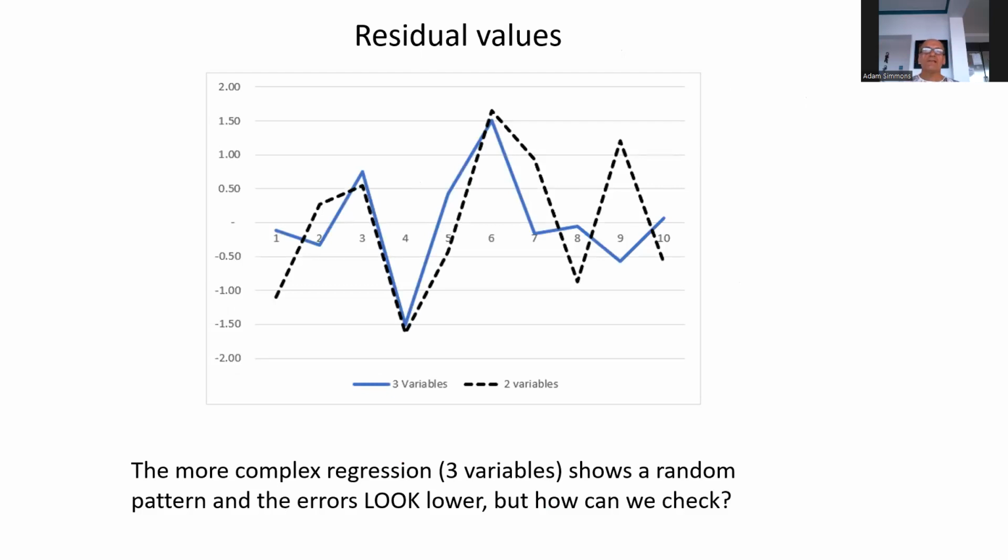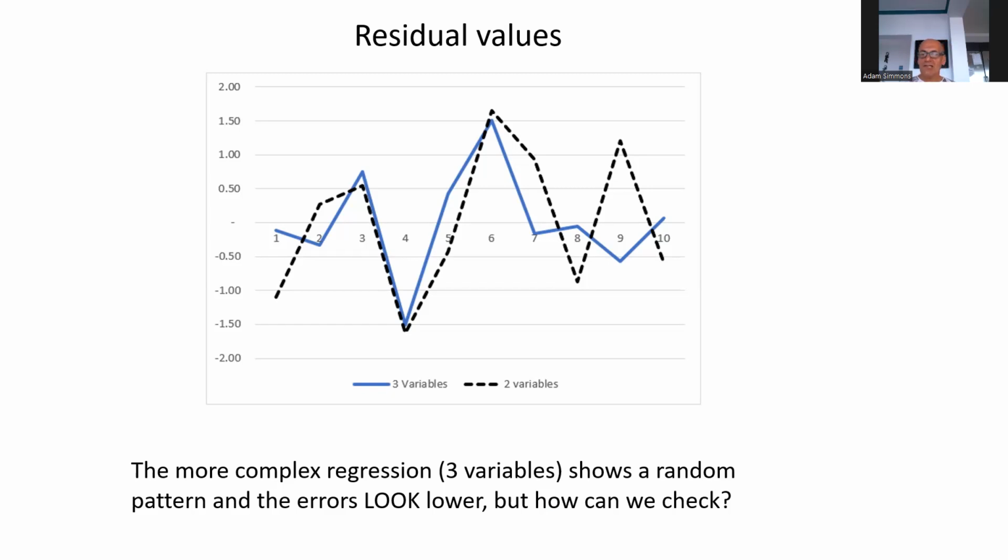Now, let's look at the residual values of the 2 variable and the 3 variable cases. And I've drawn them both on the same chart here. Now, they're both showing a sort of random pattern, which is good. But the blue line, which is the 3 variable residual pattern, does look a little bit better than the black dash line with just 2 variables.